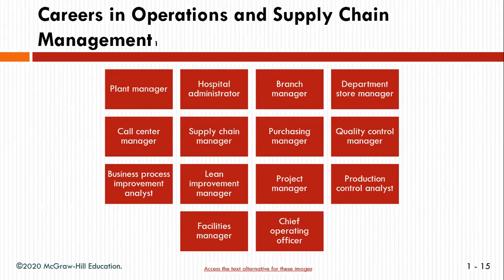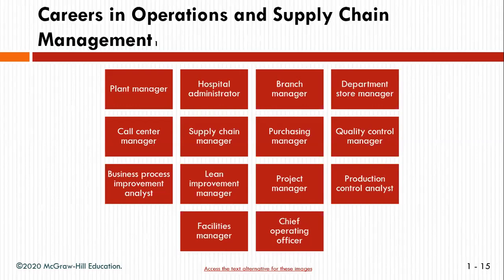So there is a big chunk of jobs in the market, probably 80 to 90% of jobs, that belong to operations and supply chain management. For example, project manager, where you will have all kinds of projects: IT, physical operations, production.